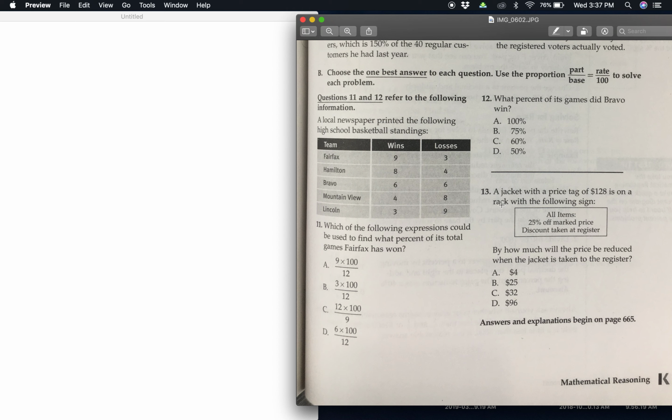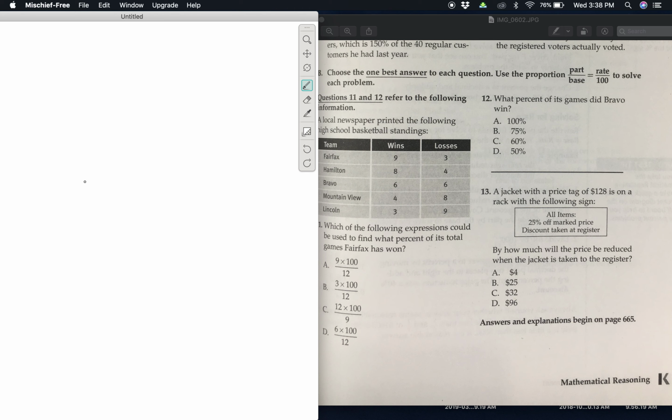Okay, number 13. A jacket with a price tag of $128 is on a rack with the following sign. The sign says, all items 25% off, marked price, discount taken at register. So we know that there's 25% off this 128.